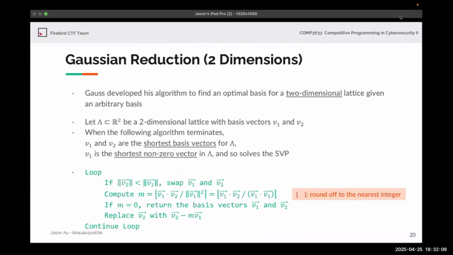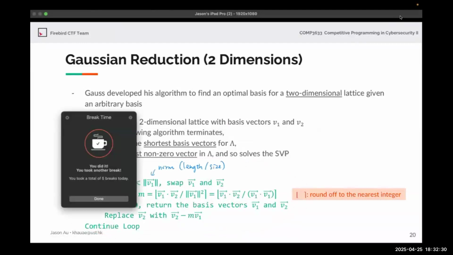It will first compare the norm of v1 and v2. The norm means the length, or the size of this vector. In two-dimensional space, we can just use the Pythagorean theorem to find the length of v1 and v2.